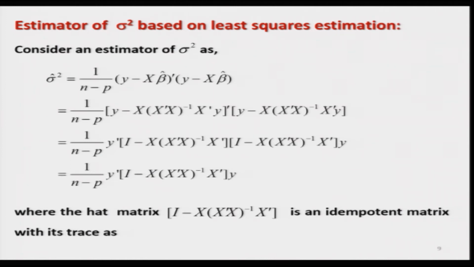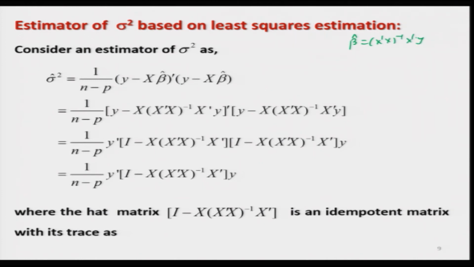Those who have an idea about maximum likelihood estimation know that we write down the likelihood function, differentiate it with respect to the parameters, and solve the normal equations. But when we use the principle of least squares to estimate beta and sigma square, we obtained the estimator of beta by minimizing the sum of squares due to random errors, and we have a formal procedure through which we obtained the estimator beta hat equal to (X transpose X) whole inverse X transpose y.